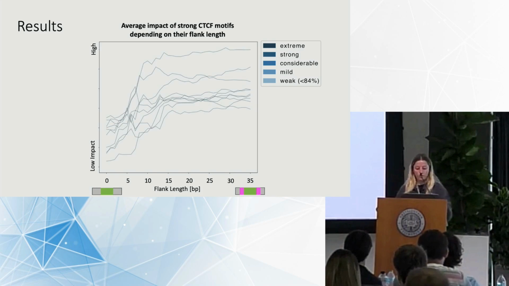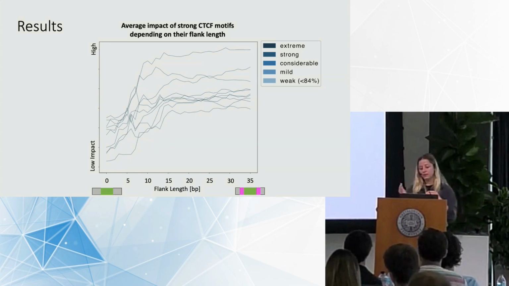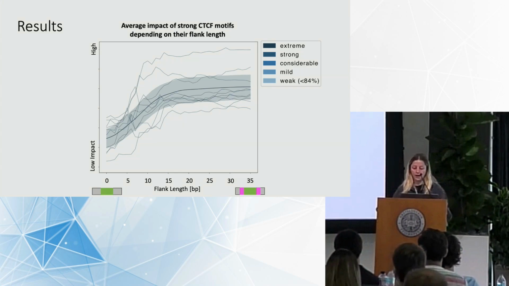But first, I'm going to show you single tracks, where one line is one CTCF site, and they're all from the top extreme group. You can see that even in this very clean experimental setup, we still see a lot of heterogeneity between CTCF sites. And this is the average for the entire group.